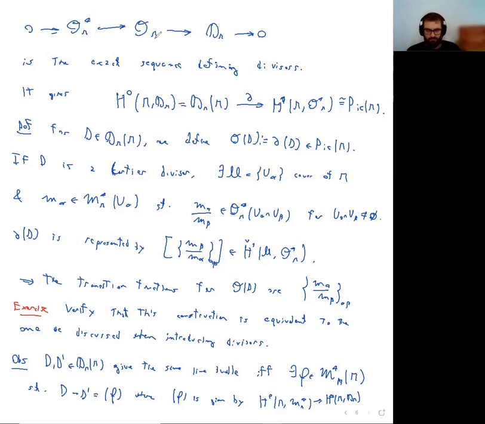The image of the map from O_M to D_M. I agree with that. It looks like there should be some function not in M star, but simply in O_M, not even in O_M star, just in O_M. Yeah, that makes a lot of sense. So an effective divisor. I will double check on this, but this makes a lot of sense, yes.